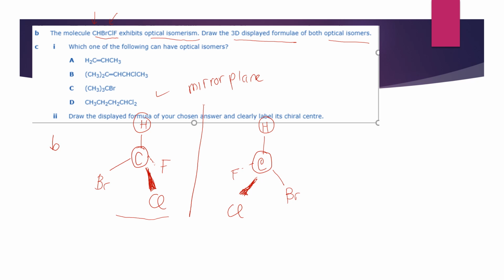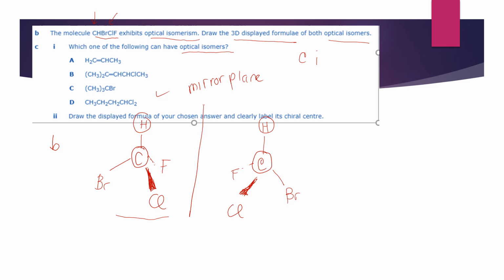For number C1, which one of the following can have optical isomers? The condition for optical isomers is that the substance has at least one chiral center.